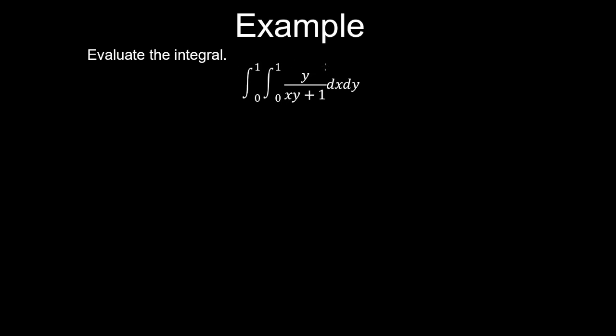Let's evaluate the following integral. So first we evaluate the inner integral with respect to x. Using u-substitution, we have u is equal to xy plus 1. So therefore du is equal to y dx, and therefore we can rewrite this integral as the integral of 1 on u over u.